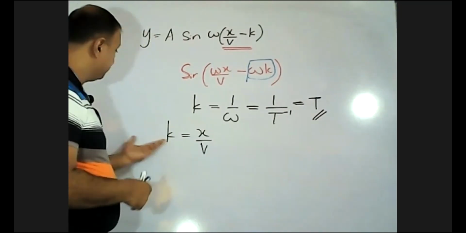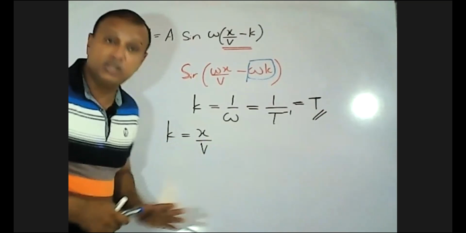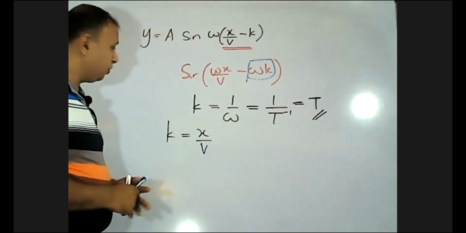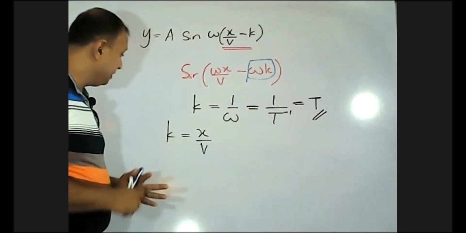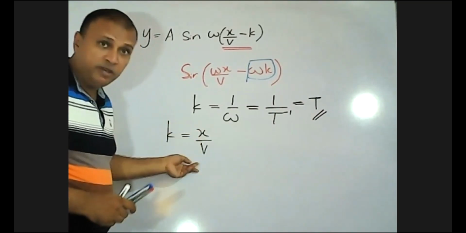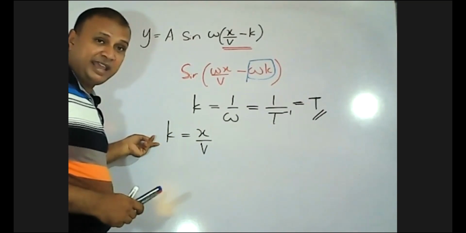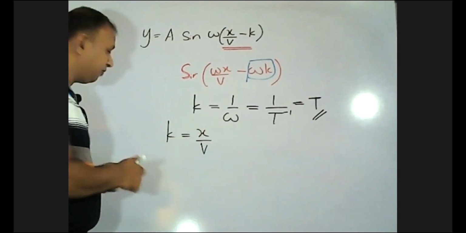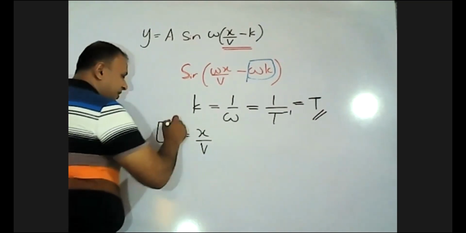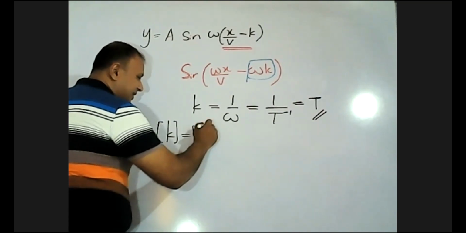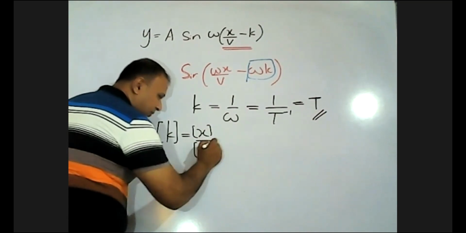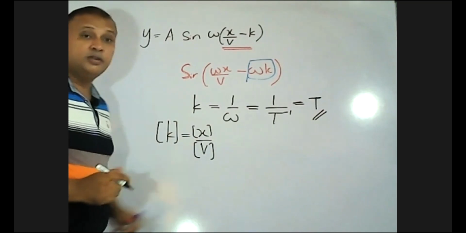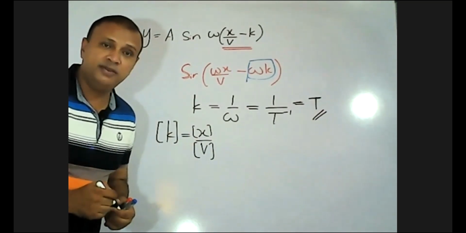Actually, I am equating dimensions only, okay? Don't misunderstand this one. K is not equal to x over v. The dimension of k is equal to the dimension of x over the dimension of v.